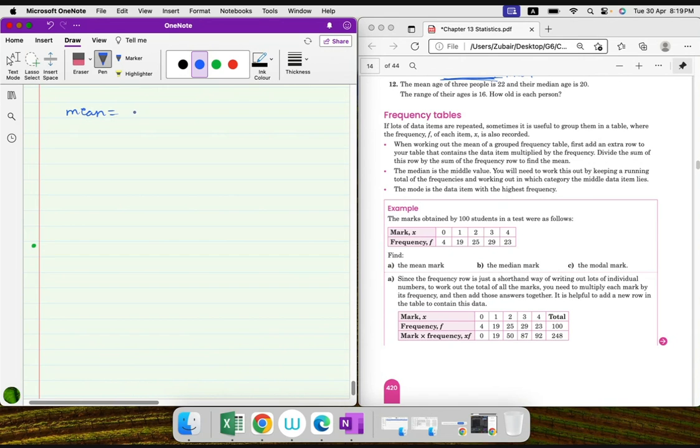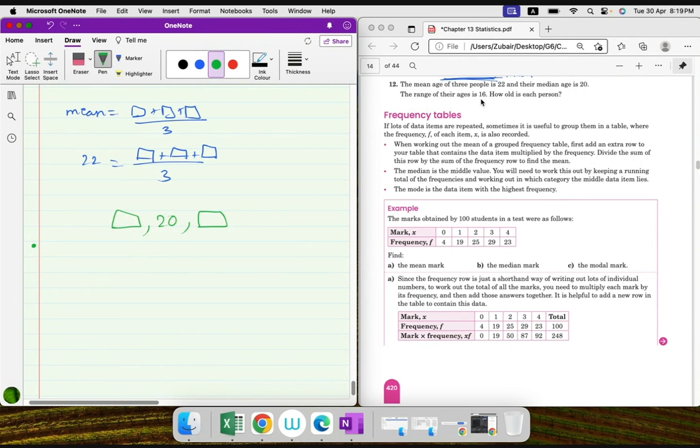Mean is equal to first, second, and third person divided by 3, where mean is 22 and 1, 2, and 3. I'm just representing this data this way. And their median age is 20. The middle one is somewhere at 20. First one is less than 20 and the other is more than 20.